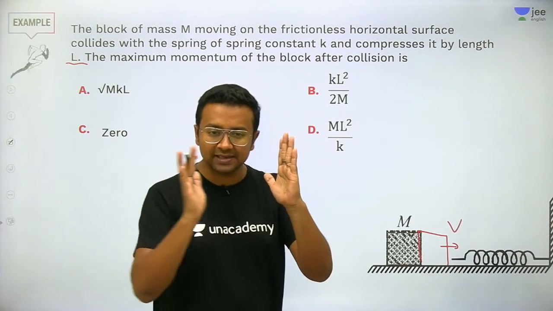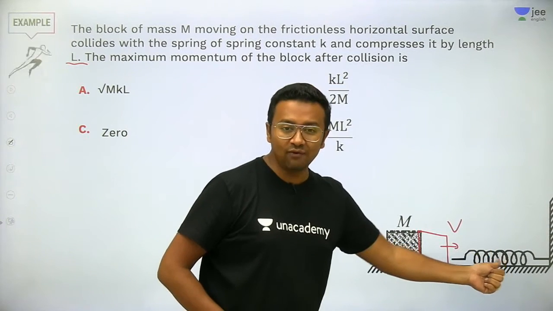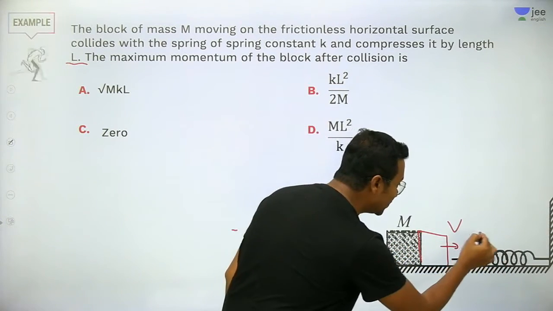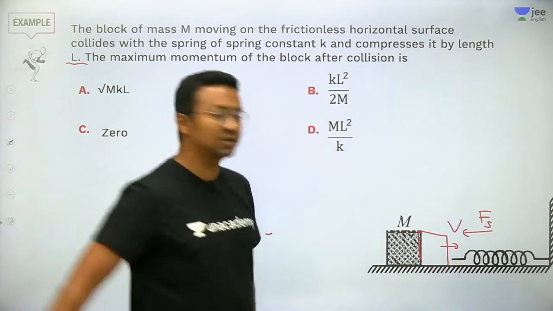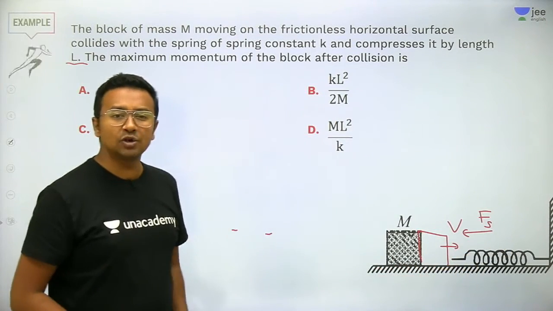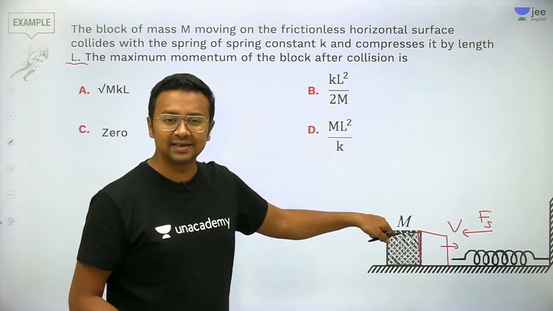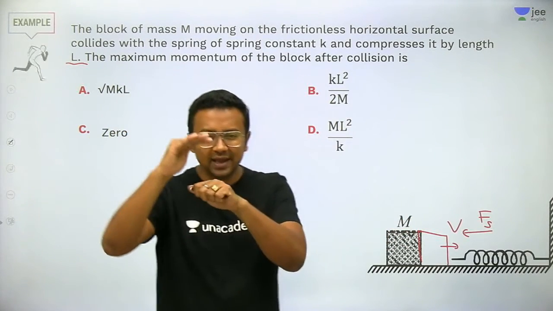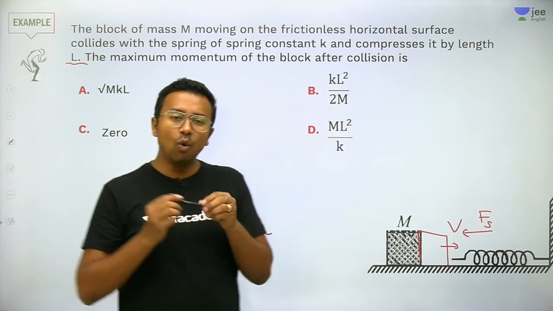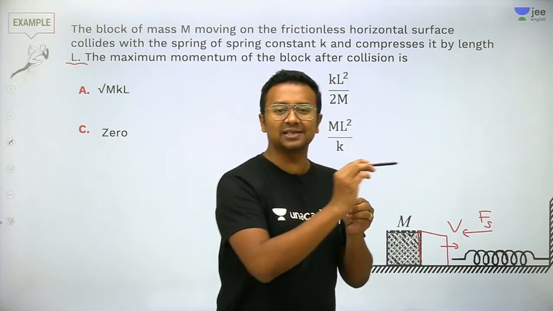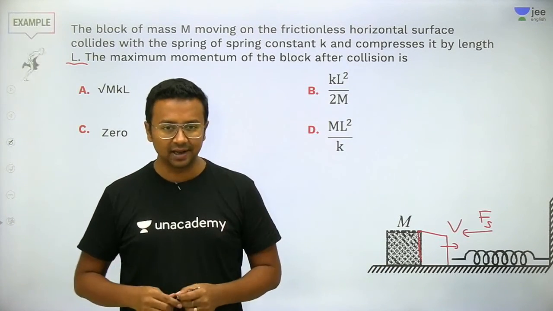There will be a restoring force generated. The spring force will act in this direction, so the velocity is going to decrease, and it will go on decreasing till there is a maximum compression in the spring. So this is all the physics behind this particular question.